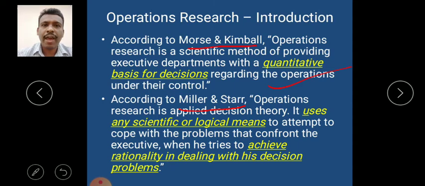So when you want to have rational decisions, you need to use logical and scientific methods for this, and to do this you have to use analytical methods, and these analytical methods are included in operations research. So these are the two widely used definitions of operations research.